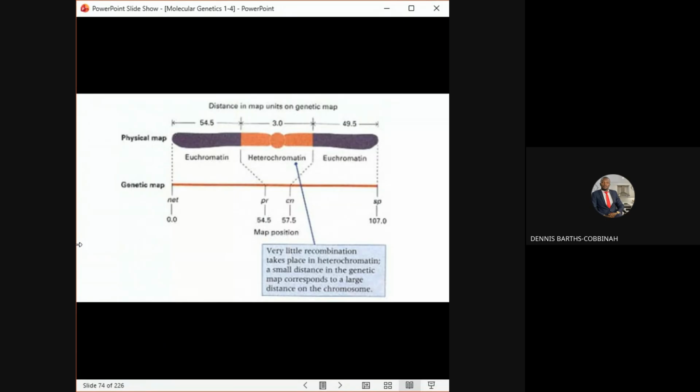With heterochromatin, the distances are very close, and crossing over of chromosomal segments at this point is most unlikely to occur. But it is frequent in the area of euchromatin because the map distances are wider between the genes.